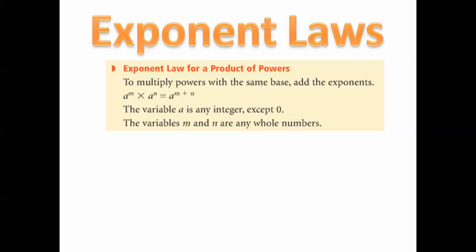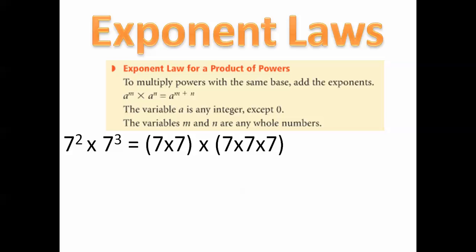So let's look at an example. 7 squared times 7 cubed is equal to 7 times 7 times 7 times 7 times 7. But as we remember from elementary school and order of operations, if we have continuous multiplication, we can remove the brackets or the parentheses and have just 7 times 7 times 7 times 7 times 7, which is equal to 7 to the power of 5.